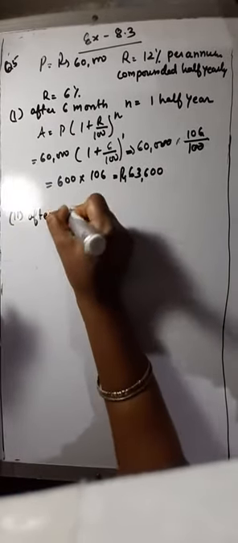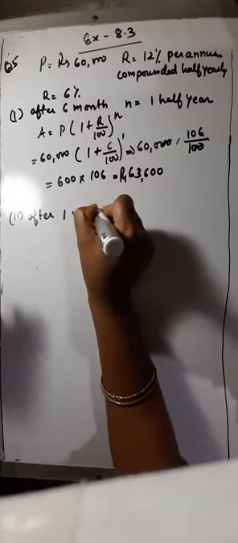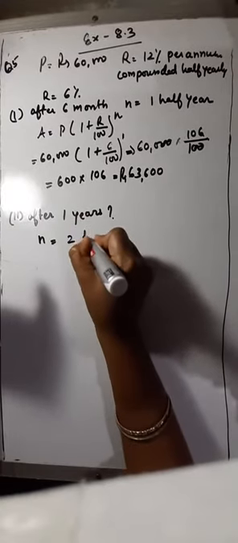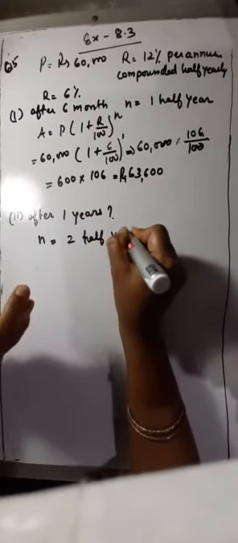Second, after 1 year, n is equal to 2 half years, compounded half yearly.